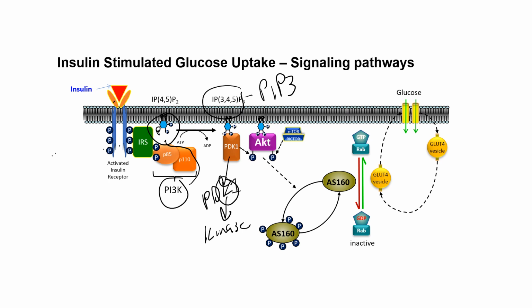You can see what's happening here: PDK1 is phosphorylating, again, it's a kinase, AKT. And when AKT is phosphorylated, AKT has been activated. So AKT is actually what's called protein kinase B, PKB.